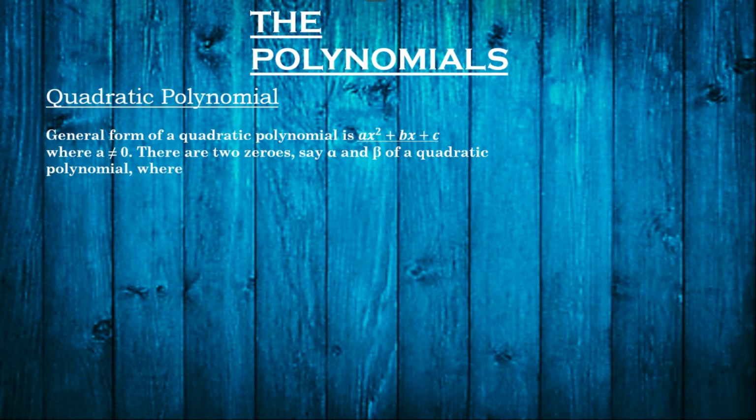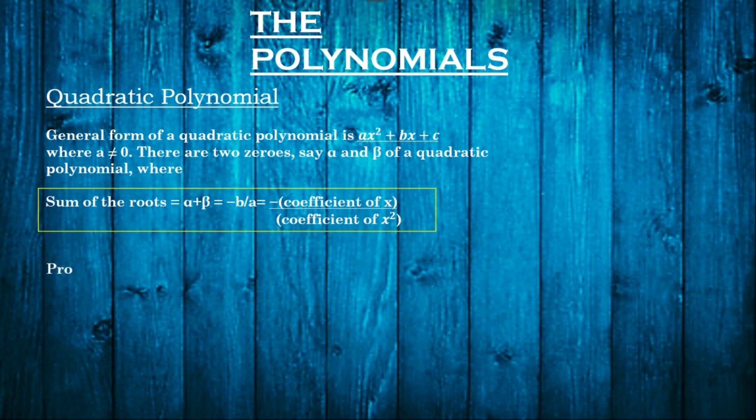There are two zeros, that is, two values, say alpha and beta, of a quadratic polynomial, where the sum of the roots is given by the formula minus b by a, where b is the coefficient of x and a is the coefficient of x squared. Another important formula is the product of the roots, which is given by c by a, where c is the constant term and a is the coefficient of x squared.